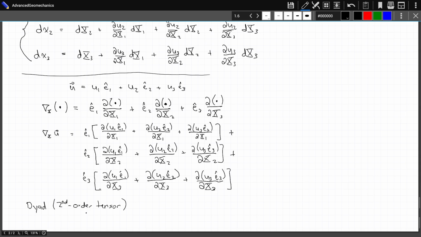So if we have a second order tensor A, it's defined as the sum over i, sum over j, A_ij E_i E_j. Given that definition, we pull out the E's and write a matrix equation for the components, right?